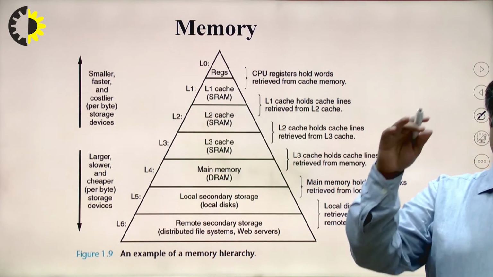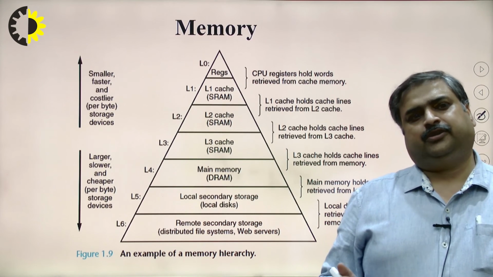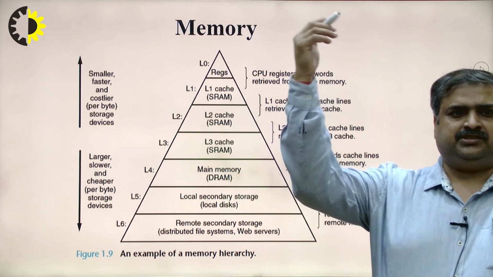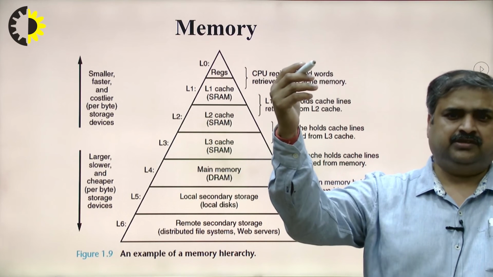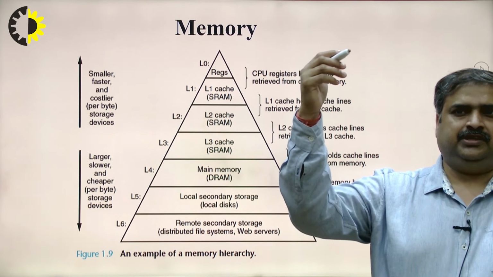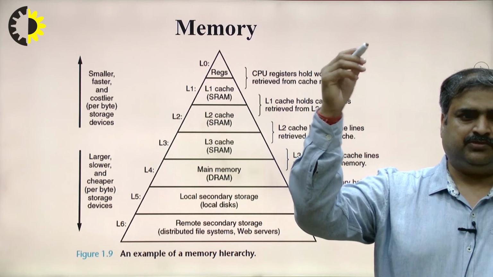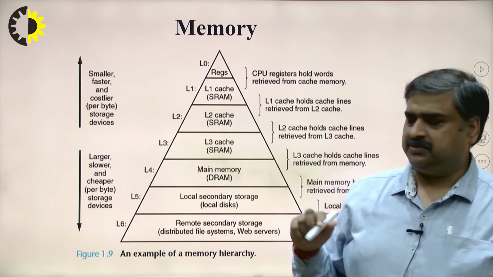So this is a memory hierarchy triangle. At the top, the fastest memory is available, but it is fastest, costliest, and generally kept short in storage capacity, less storage capacity.